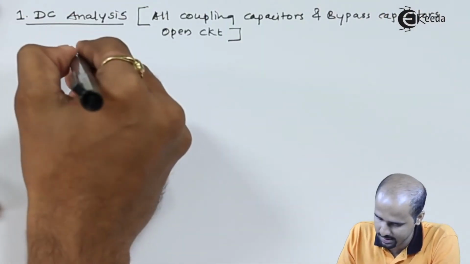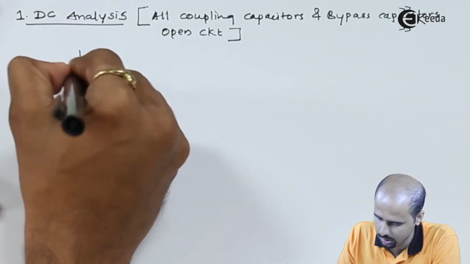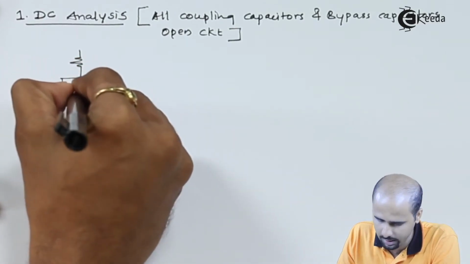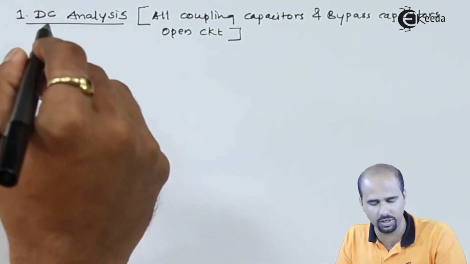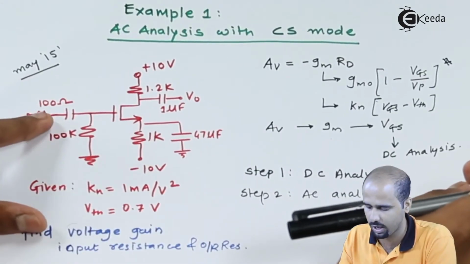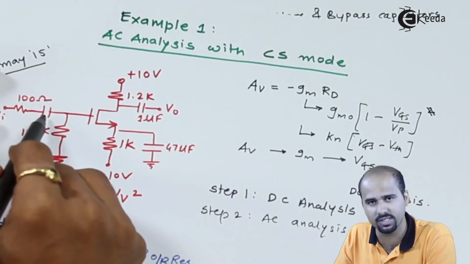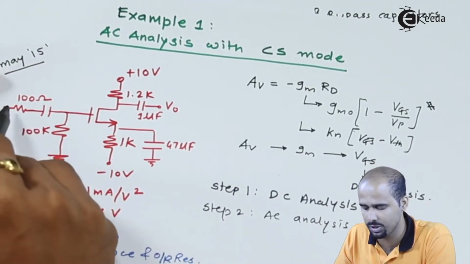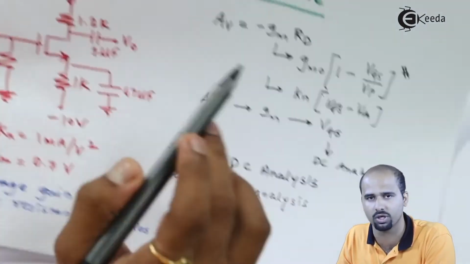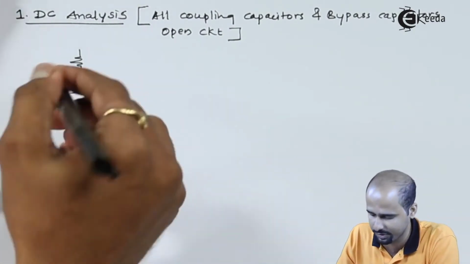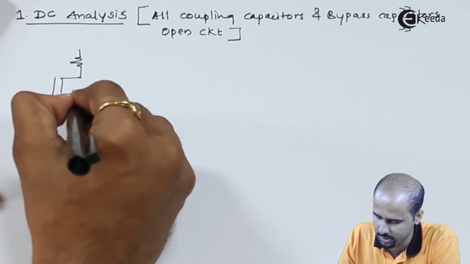Good. So this circuit I will redraw, and I'll make sure that I won't get this value of 100 ohm, right? Because once this capacitor is open, that 100 ohm also has nothing to do with this particular circuit. 100 ohm will not interfere with my circuit of DC analysis.